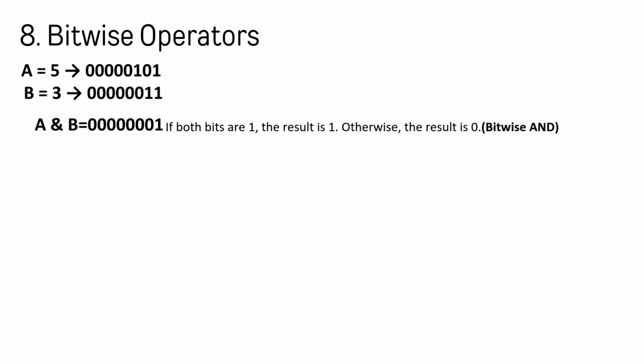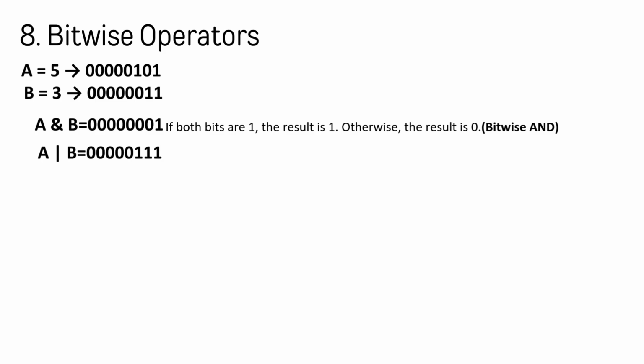If both bits are 1, the result is 1, otherwise the result is 0. Here we see that the rightmost bit of A and the rightmost bit of B are both 1. That's why we will get 1 in the rightmost bit of A and B. And all other bits will be 0, since there is no bit except the rightmost bit that is 1 for both A and B. Okay, so this is the bitwise AND operator.